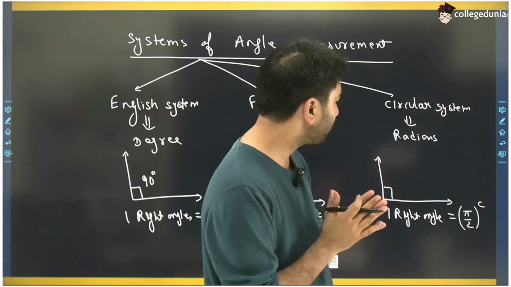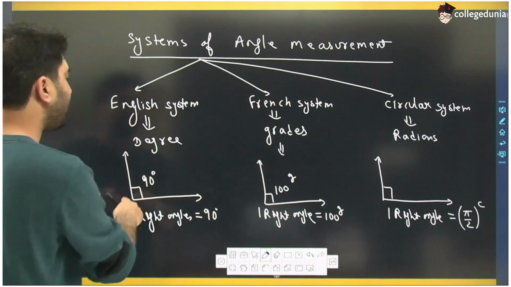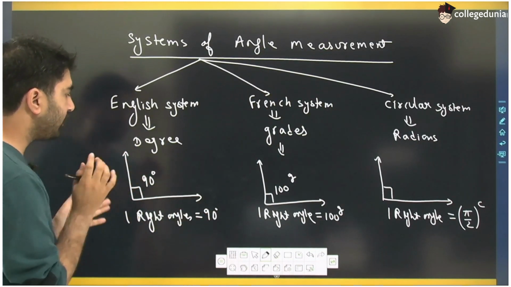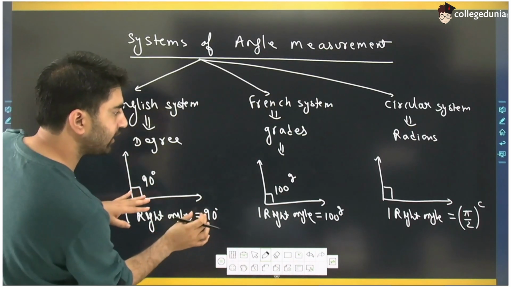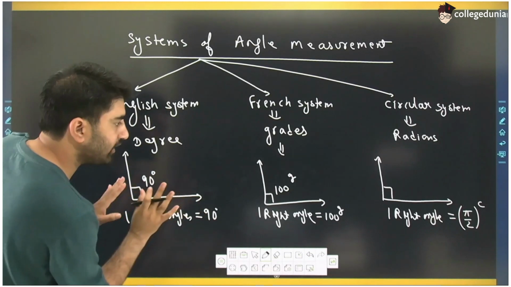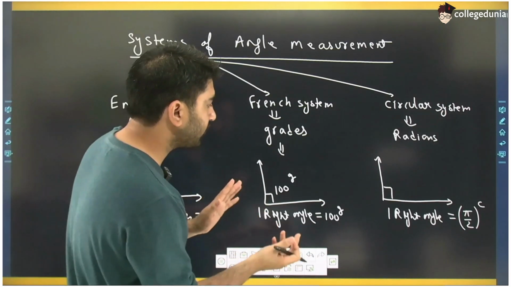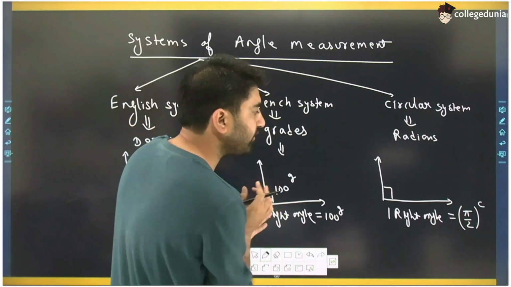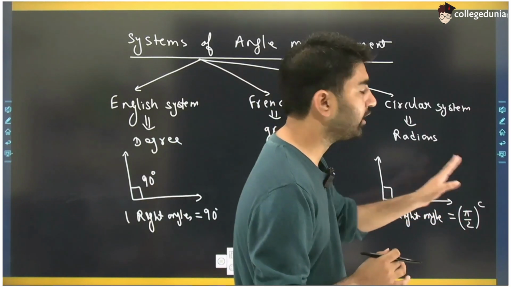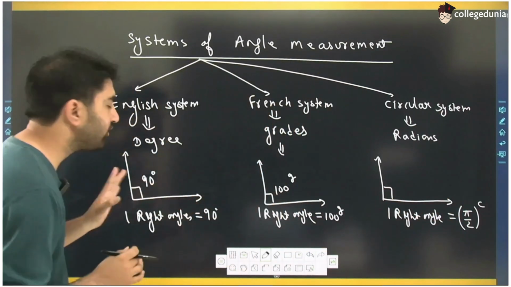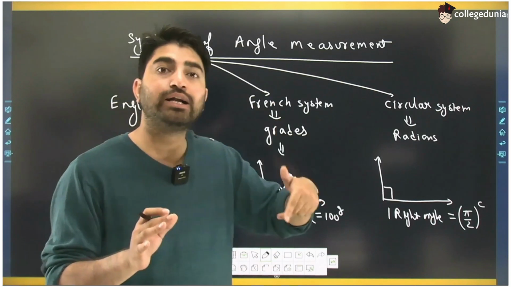Okay, so one right angle can be 90 in degrees. If we talk about grades, one right angle will be 100 grades and it will be pi by 2 radians. All these three things are same, but yeah, they are in different units.